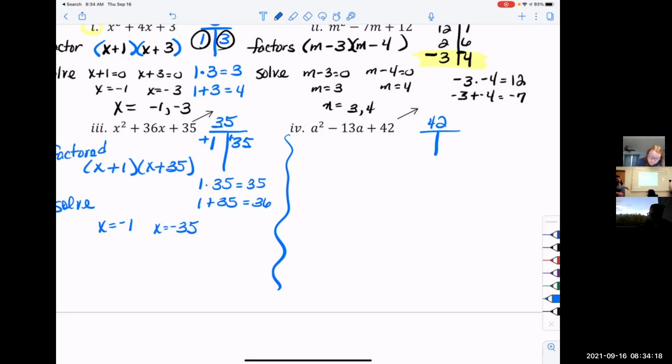There. All right, so you said the factors are 6 and 7. What kind of 13 do we want? So that makes it so we need -6 and -7. So we check it out. That gives us a positive 42. That gives us the -13. So once we check that out and know that both of them work, then we're ready for our parentheses. So what goes in our parentheses?